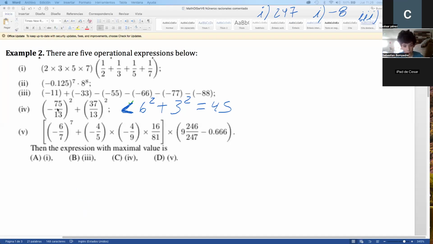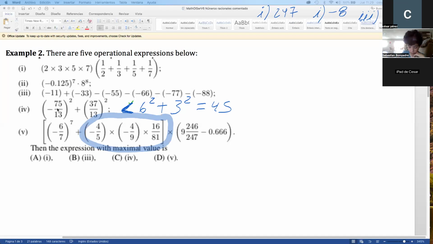-4/5 times -4/9 is a positive number less than 1, and so is 16/18. So when you multiply a positive number less than 1 by a number, well, it's basically 10 minus 2/3.